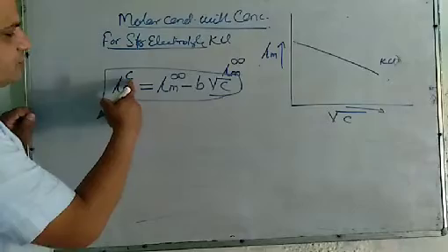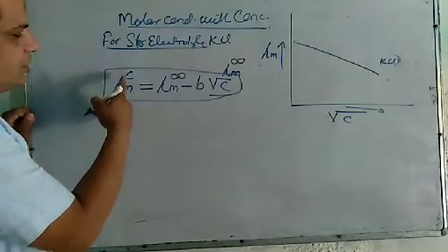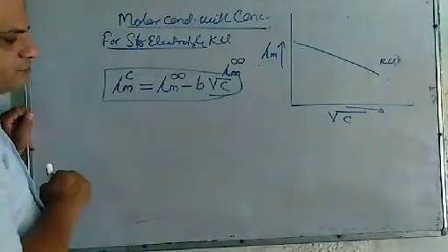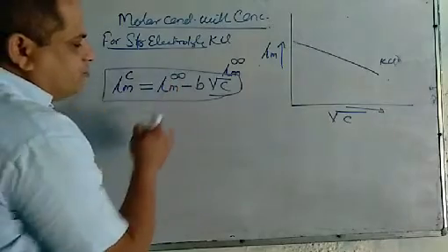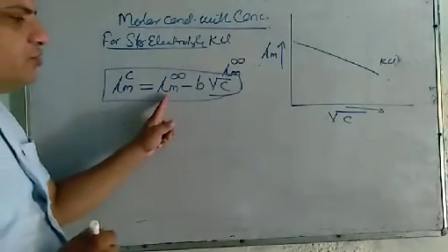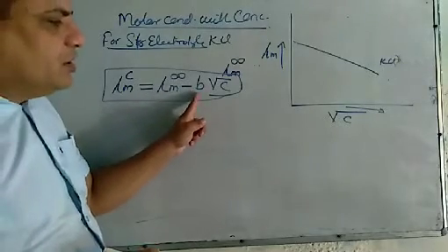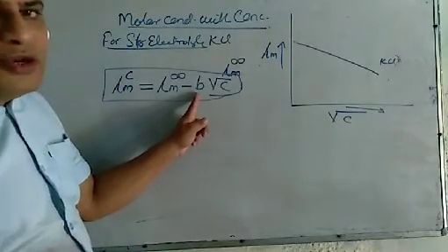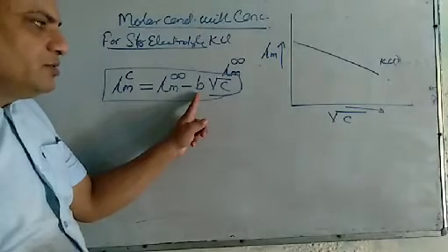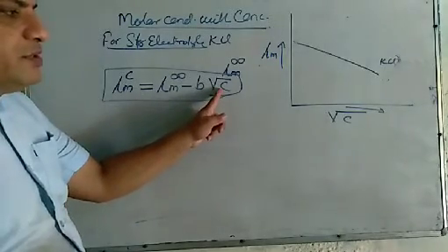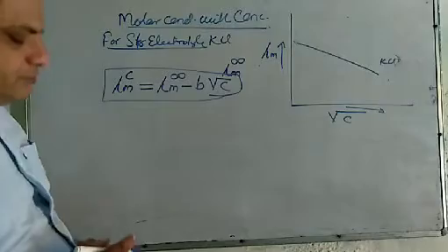Here lambda mc is the molar conductivity at concentration C. Lambda m infinity is the molar conductivity at infinite dilution or limiting molar conductivity. B is a constant which value depends upon the nature of solvent. C is the concentration of electrolytic solution.